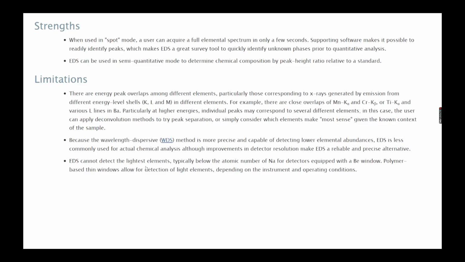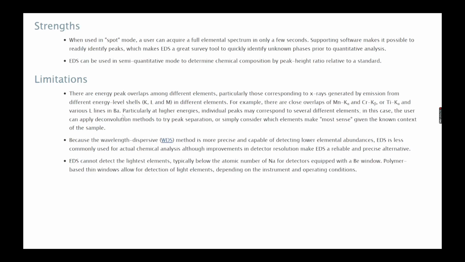Okay, and here some more limitations are that there are energy peak overlaps among different elements, particularly those corresponding to X-rays generated by emission from different energy levels, like K shell, M shell, L shell in different elements. For example, there is an overlap of manganese K alpha and chromium K beta, or titanium K alpha and various L lines.